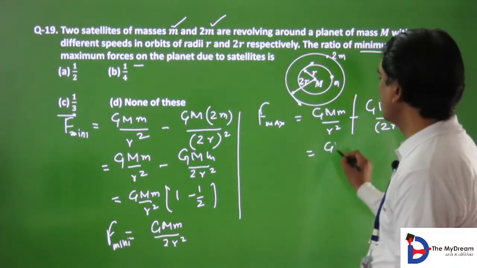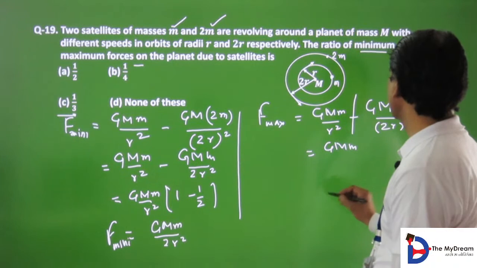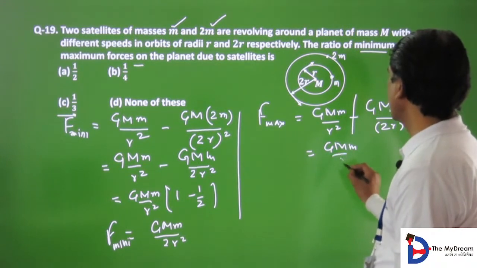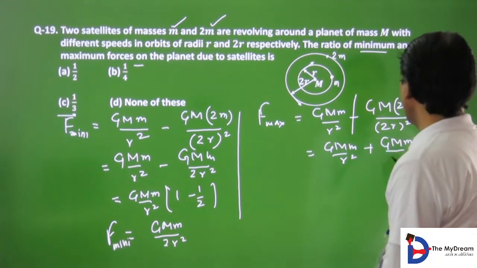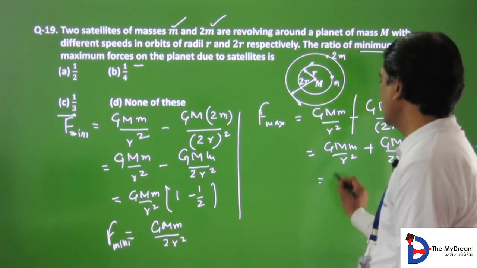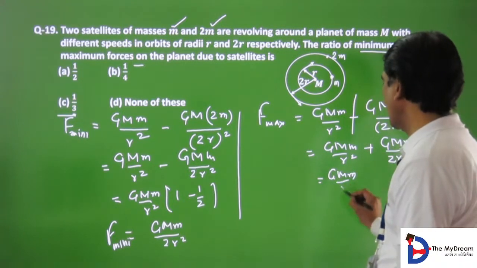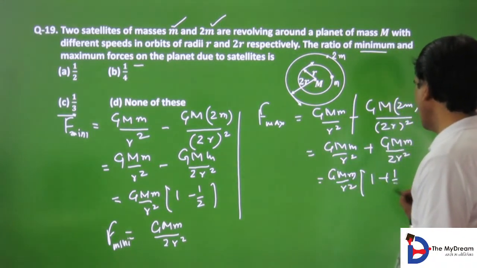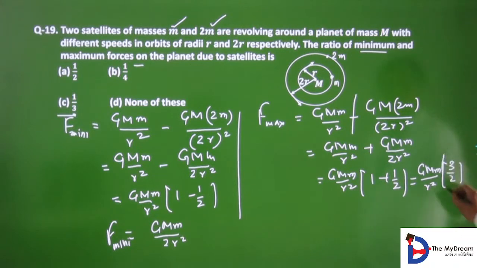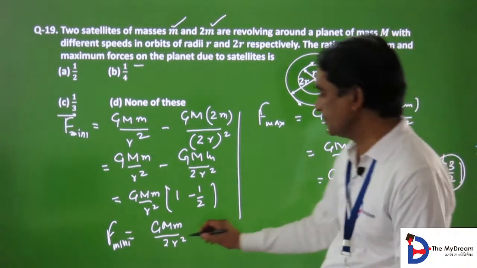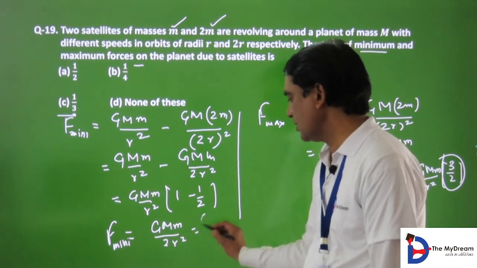So it will become G m small m by r square, G m small m by 2r square, G m small m by r square (1 plus 1 by 2), which will become G m small m by r square, that is 3 by 2. This is 3 by 2, this is 1 by 2. ऐसे लिख लीजिए.